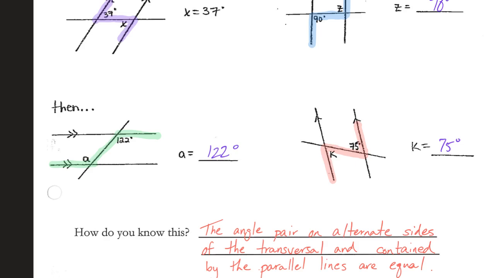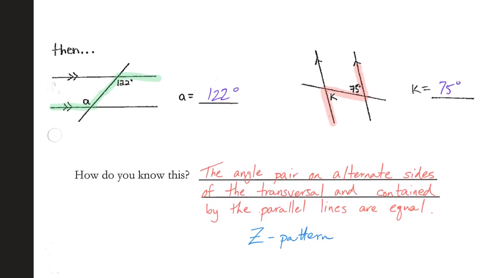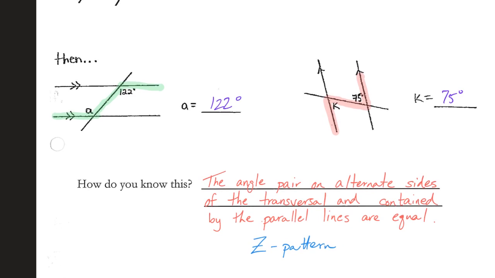Notice that we just drew our Z pattern. And so if I was to jump back to that green diagram, we may see that red statement. Okay, what I need is alternate sides of the transversal.